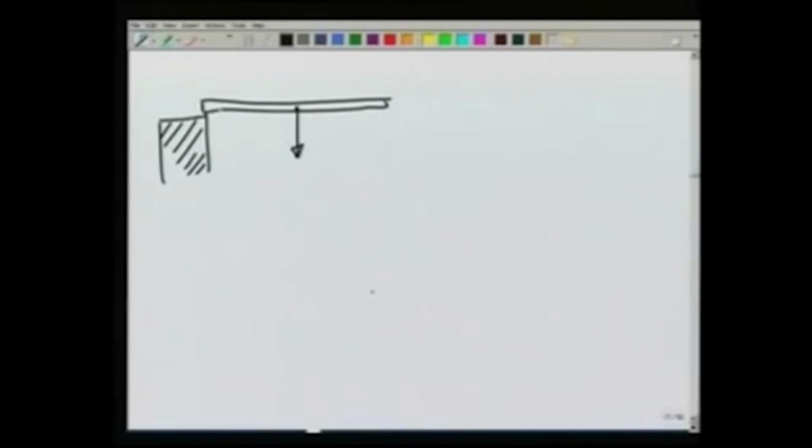The beam is lightweight, so I can ignore its mass, and suppose it is holding a weight of 1000 newtons. What force F should I apply in order to hold this weight? Let us say this distance is 1.5 meters and the load is being held at a distance of 1 meter.